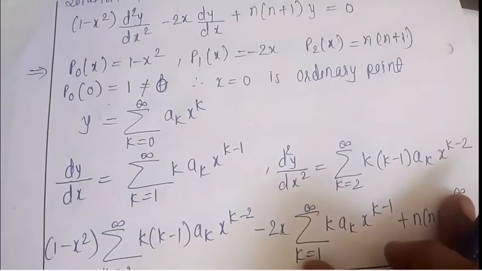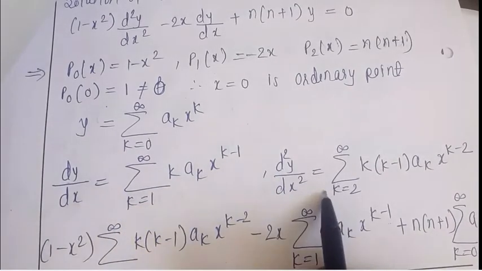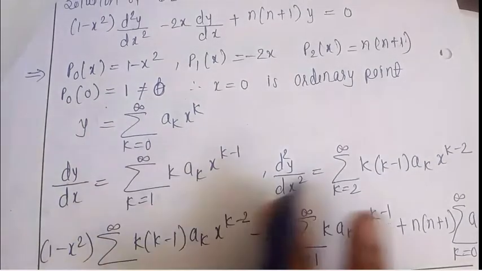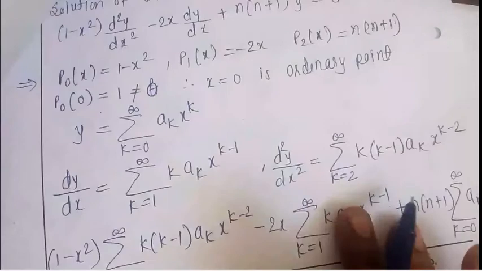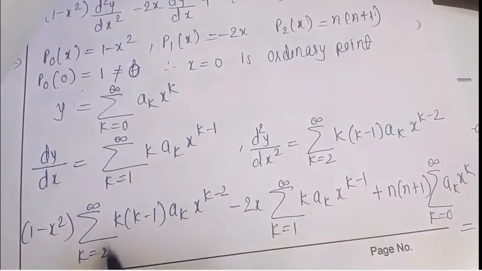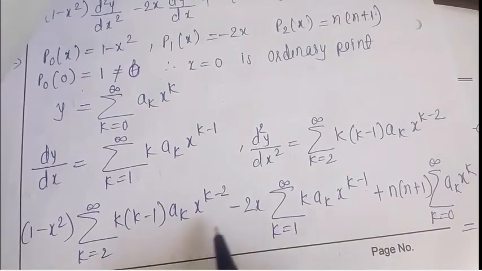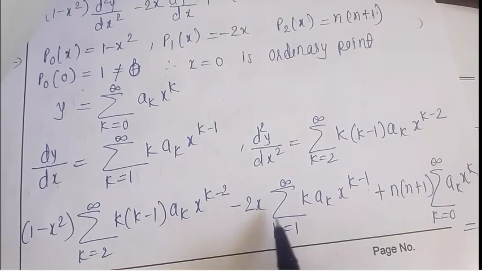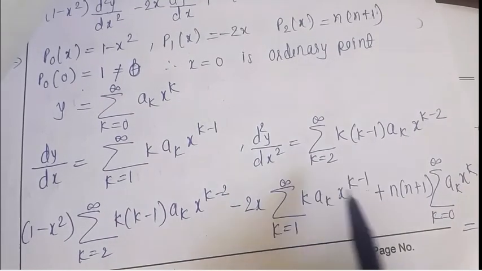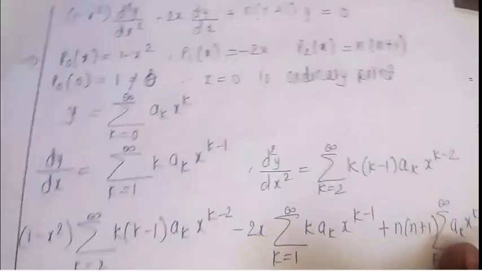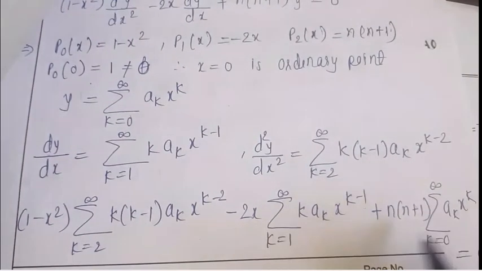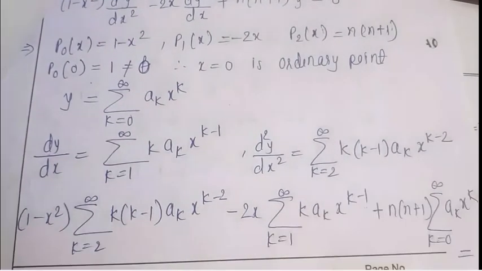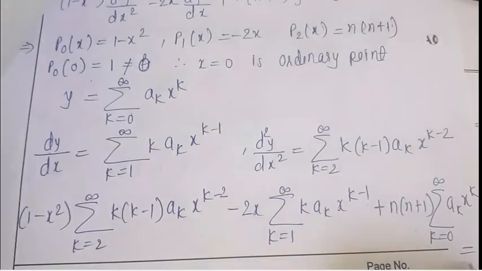Now substituting y, dy by dx and d2y by dx square in the given differential equation, it is (1 minus x square) summation k is equal to 2 to infinity k into k minus 1 ak x to the power k minus 2, minus 2x into summation k is equal to 1 to infinity k ak x to the power k minus 1, plus n into n plus 1 summation ak x to the power k, and it is equal to 0.